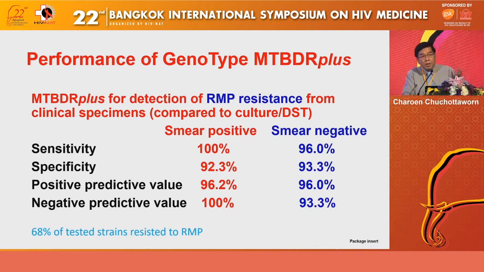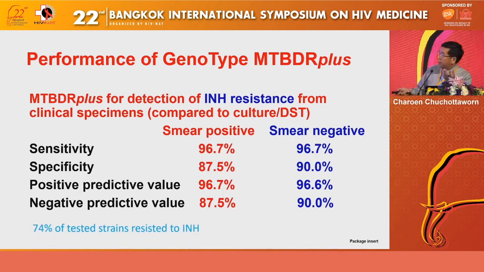So it means that the population they used in this study had a high proportion of rifampicin resistance. Again, in the same study, they show that the assay has a very high sensitivity and high specificity, both in smear positive and smear negative. But 74% of the tested strains are resistant to isoniazid.